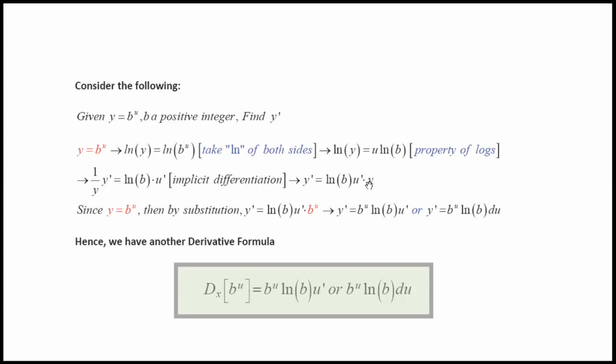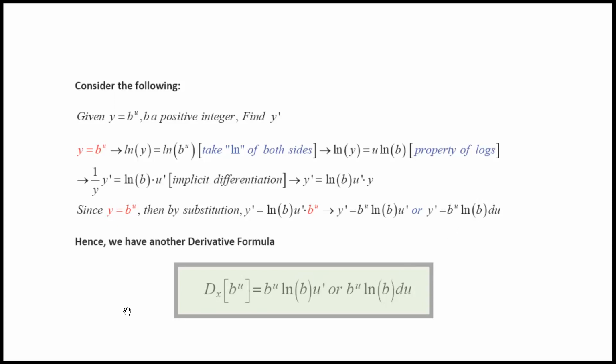So I'm going to substitute b to the u in place of this y. So that's what I've done. The only difference is I now have replaced the y with b to the u. And now let's rearrange this. y prime is b to the u, ln of b, u prime, or b to the u, ln of b du. Either way, that's our formula.